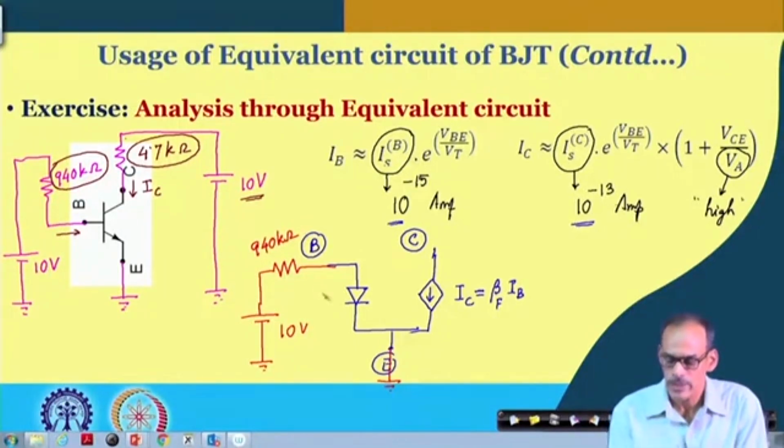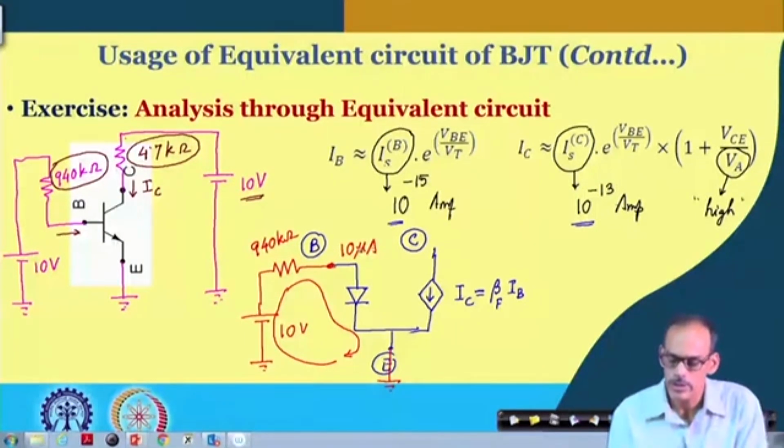So, if you see that this diode is getting forward biased, and it can be shown easily, using the method we followed for the simple diode circuit, particularly to analyze this loop, that the current flowing through this is coming to be 10 microampere.